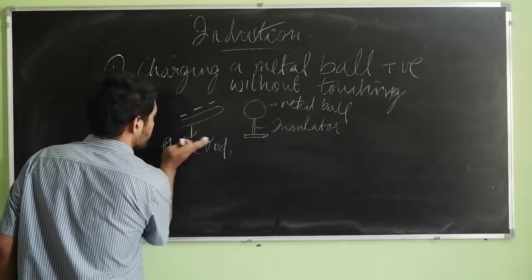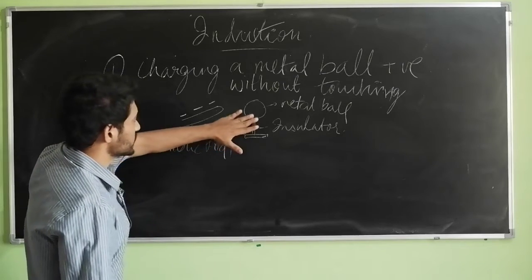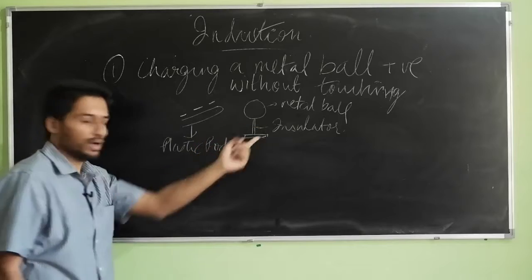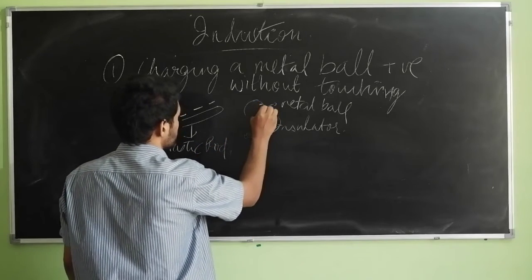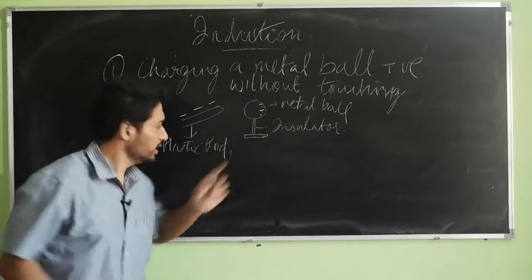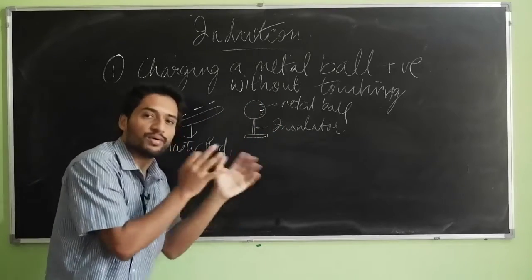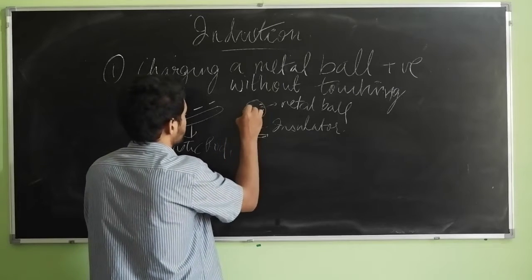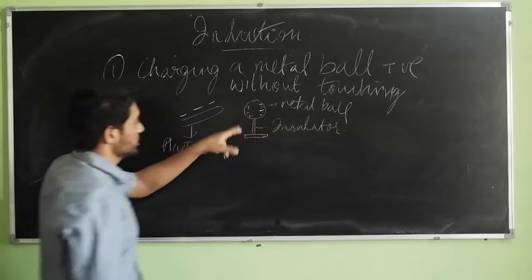Now when I bring this plastic rod near this metal ball, the negative electrons will go to the farther end, because same charges repel, and the positive charges will remain here.